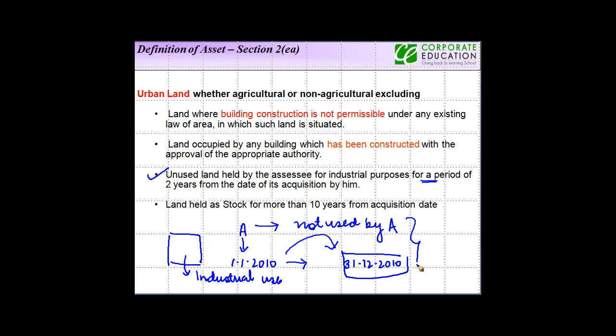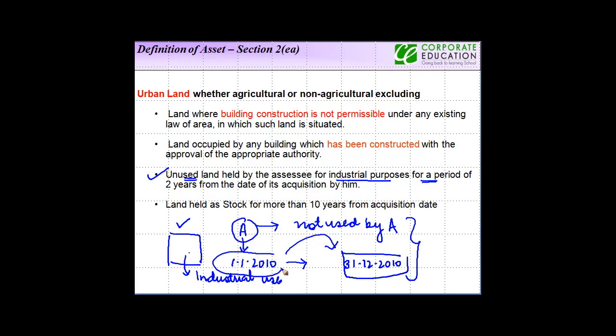So for 2 years, this land is unused, held by the assessee, held by A for industrial purposes. Now this land must be meant for industrial purposes. If it was acquired for residential purposes, then it is not covered. For a period of 2 years from the date of its acquisition.